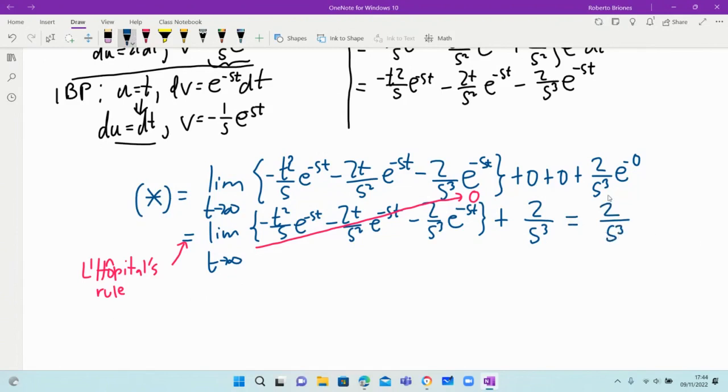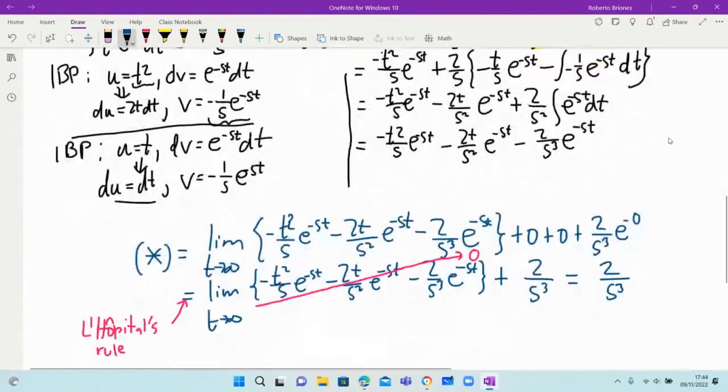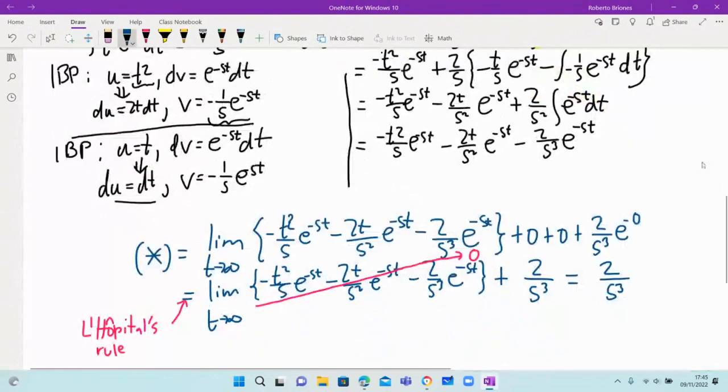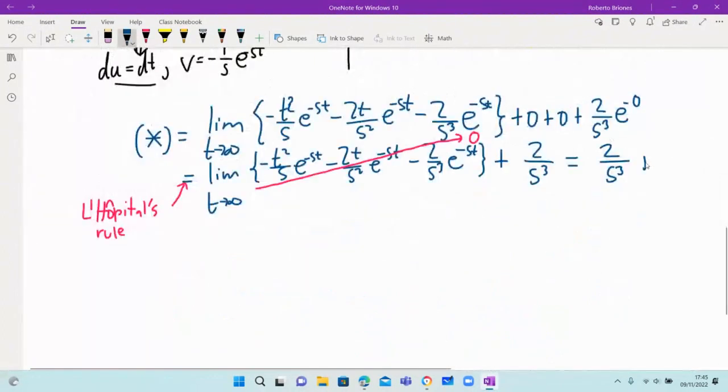Again, the assumption here is that since we have powers of s in the denominator, we want to make sure that, number one, s is not equal to 0. And secondly, s should be positive. Okay? So this is going to be true as long as s is positive.